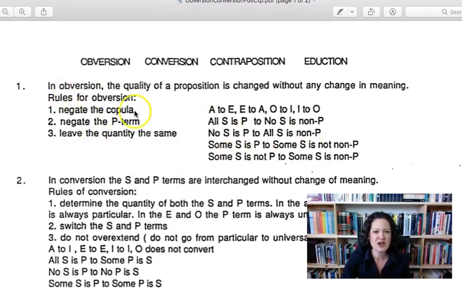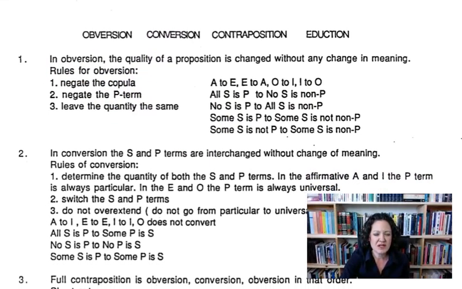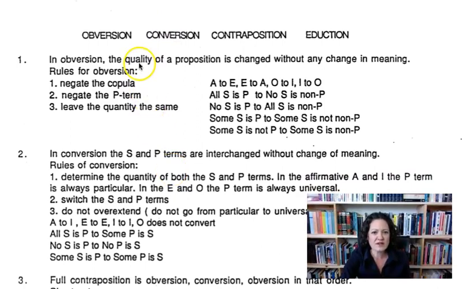And notice, let's talk about obversion first. The rules for obversion. In obversion, the quality of a proposition is changed without any change in meaning. So remember, we have to talk about quality and quantity. Quantity is how much, universal or particular.